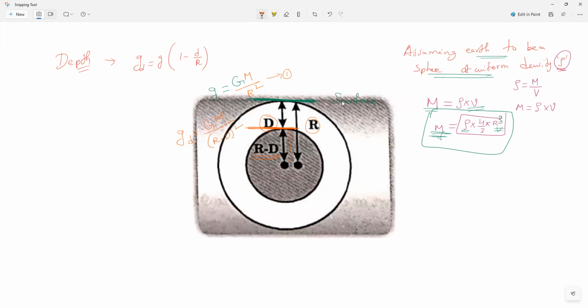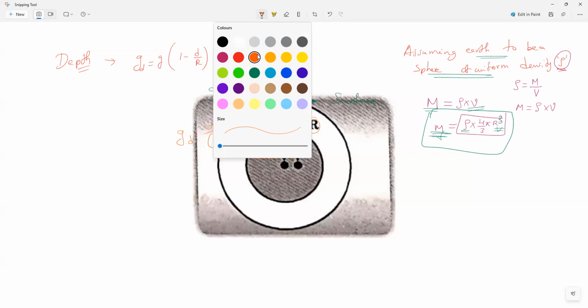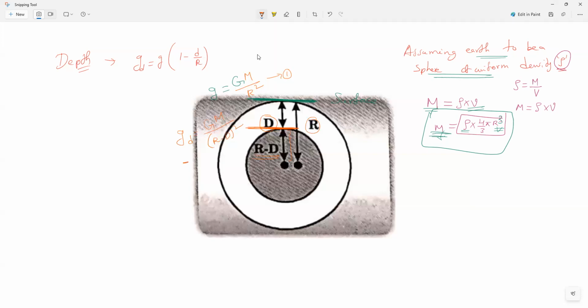You all should speak, guys. Understood, everybody? So g is G M divided by (R minus d) whole square. That's all. This is equation number 2 and this is equation number 1. Just notice it. It's very simple, you can solve.